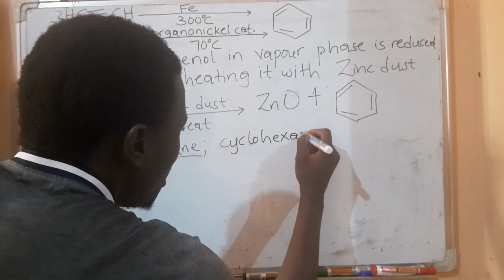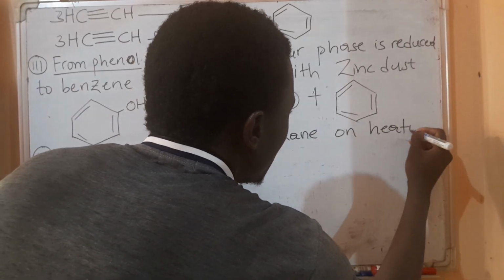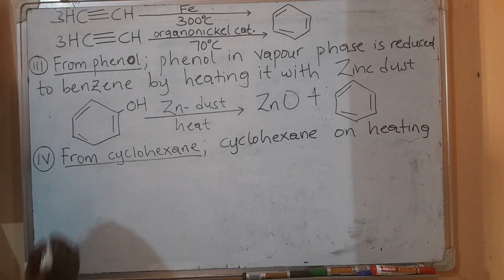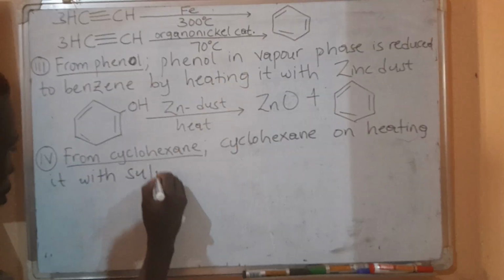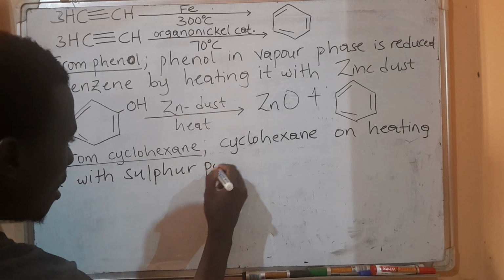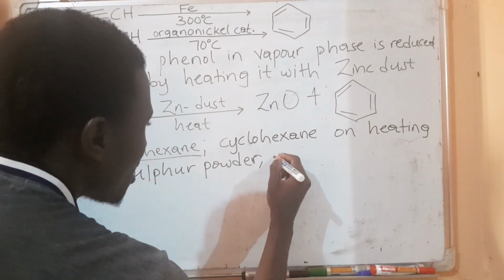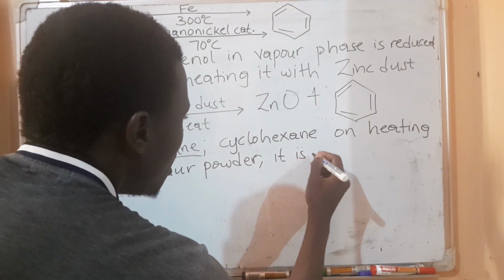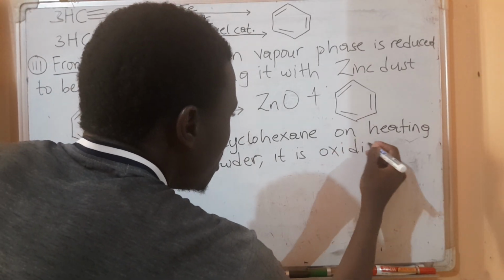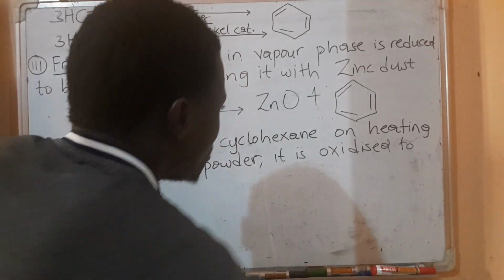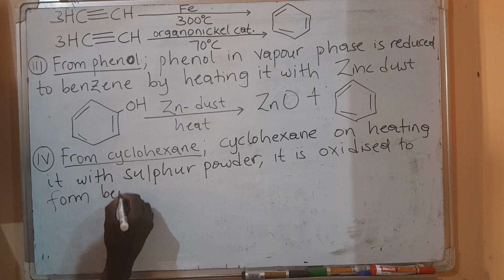Cyclohexane on heating it with sulfur powder is oxidized to form benzene.